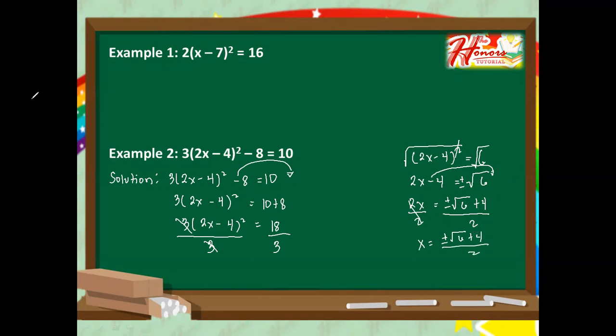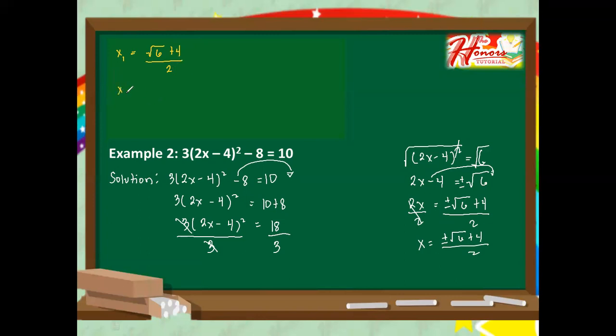Let's continue solving. Let me just erase the first part, example 1, so that we will continue solving. How are we going to get x sub 1 and x sub 2? This is how you are going to solve for it. X sub 1 is equal to, choose first, positive or negative. Let's have positive. So square root of 6 plus 4 over 2.